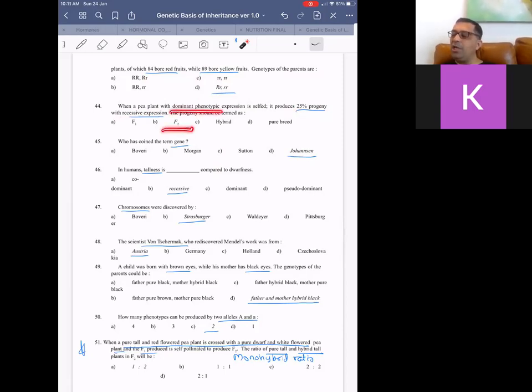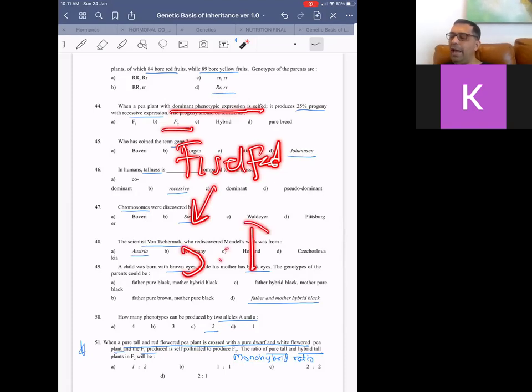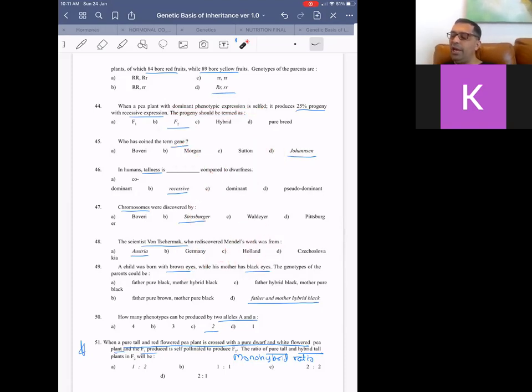So F1 is selfed and it produces the F2 generation in a 3:1 ratio. 3 dominant and 1 recessive आया. So 25% progeny is recessive, and that progeny is F2.